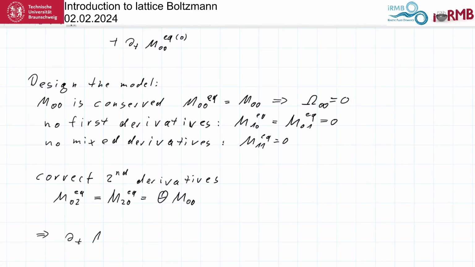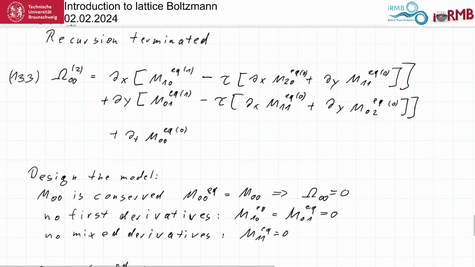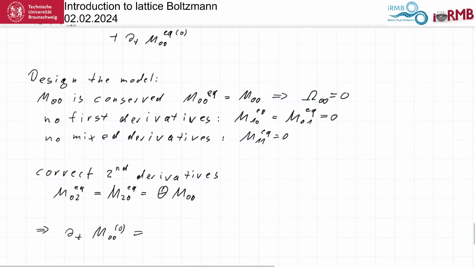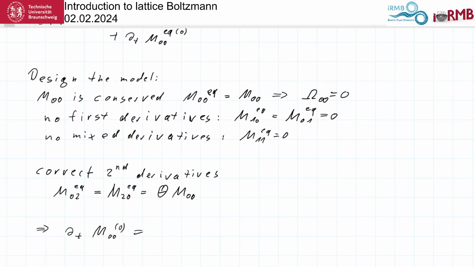This is dt M00, so I put this onto the other side. Hopefully. And let me see, there's a minus. Ah, yeah, right, so there's a minus, correct. And then I am left with dt... no, sorry, it's not dt.